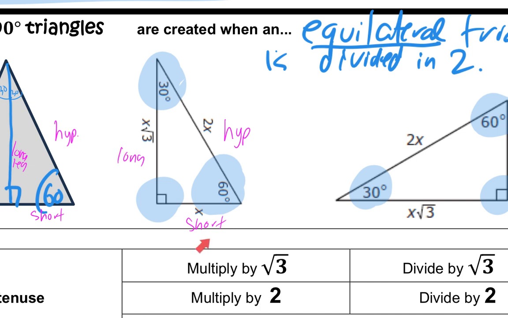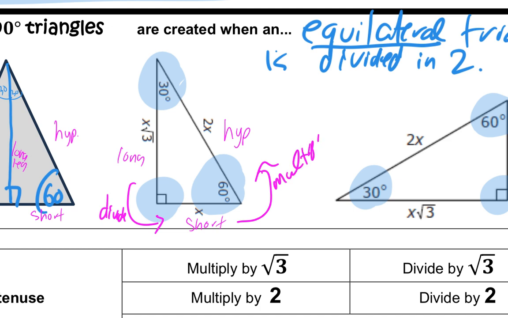If we know the long, we can work backwards. So obviously, if we're going to work from a longer piece to a shorter piece, we're going to divide. If we're going from a shorter piece to a longer, we know the hypotenuse is the longest piece, so this way we have to multiply.